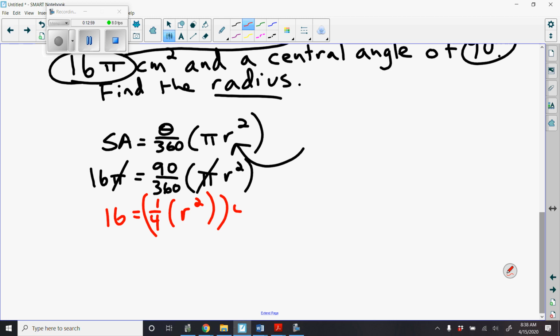So I'm going to multiply both sides by 4. And I'm going to get 64 equals r squared. Okay. Now, what do you think my last move is going to be? Well, if r squared equals 64, then I can do the square root on both sides, and I get r equals 8. And my 8 should be in the unit centimeters.